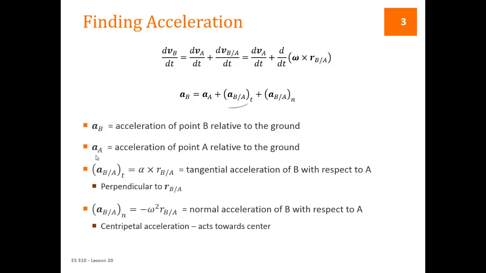If we look at our variables, we've got the acceleration of point B relative to the ground, the acceleration of point A relative to the ground, and the tangential acceleration of B with respect to A, which is alpha crossed with r of B with respect to A, the position of B as measured from A. Then we have the normal acceleration of B relative to A, which is omega squared, the angular velocity squared, times r of B with respect to A in the negative direction.